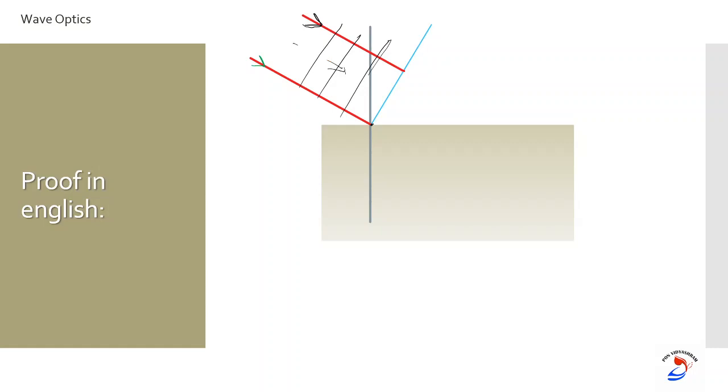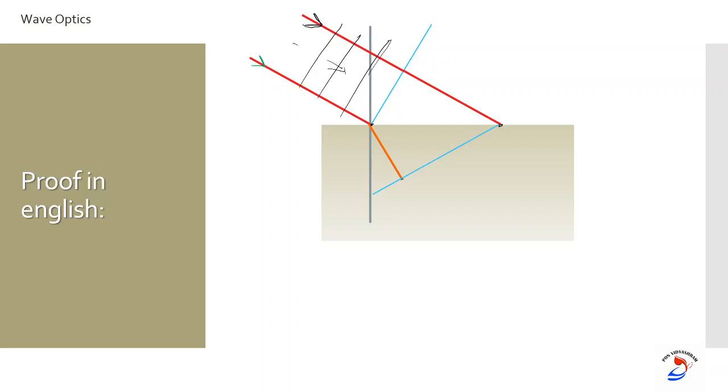When this part of the beam has traveled and reached here, this ray is still here. So what happens? By the time this ray reaches this point, this ray has already traveled into the medium and traveled a distance of this much. Let's draw the wavefront there. So this is the wavefront of the refracted ray.